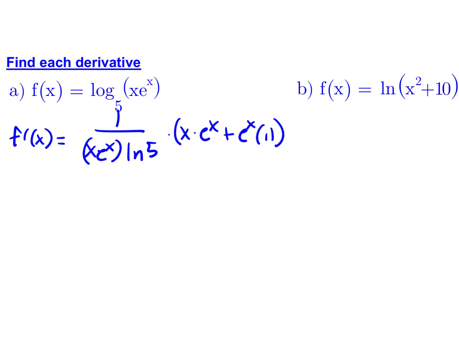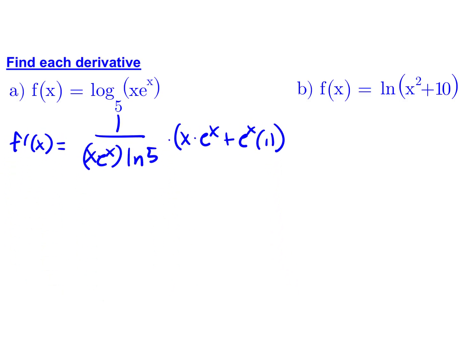So I can take all this, just kind of move it up so you guys can see it a little better. And now we have to simplify. So the top ends up being all of this. And it's possible that we might be able to cancel something, and we'll see how this goes as we work through it. Again, I'll move this up. So f prime is x e to the x plus e to the x on top over x e to the x natural log of 5. And so hopefully you're seeing that we're going to be able to do some canceling here.